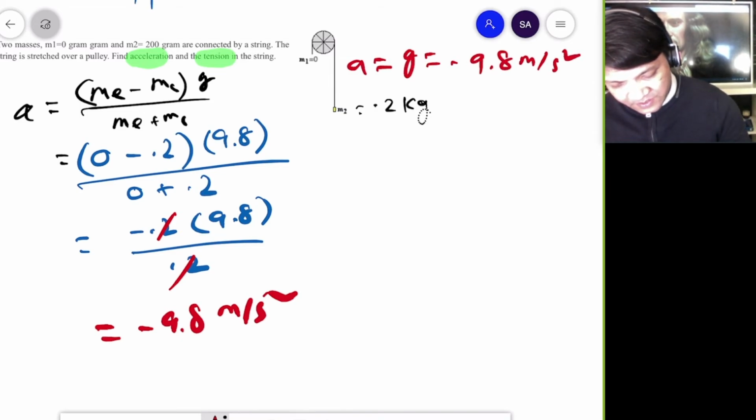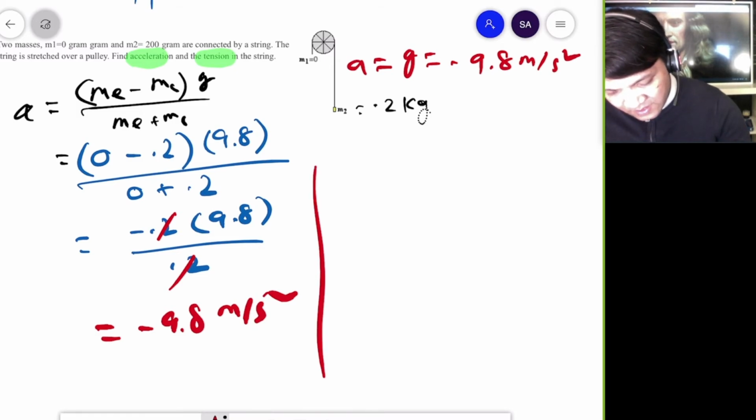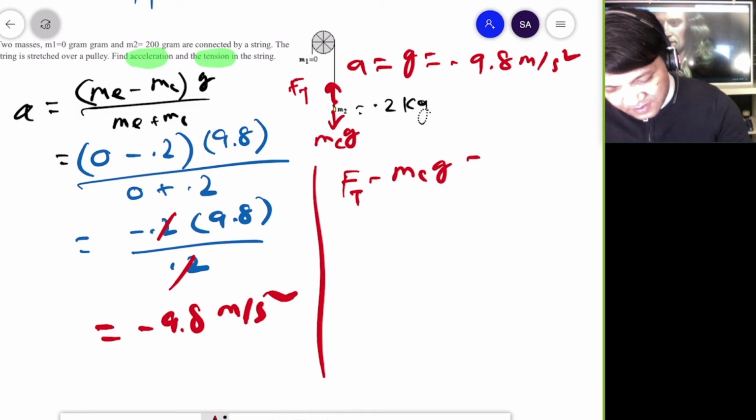Now we're going to find the tension force. How are we going to find it? This is FT, and this is m2g. So FT minus m2g is equal to negative m2a.